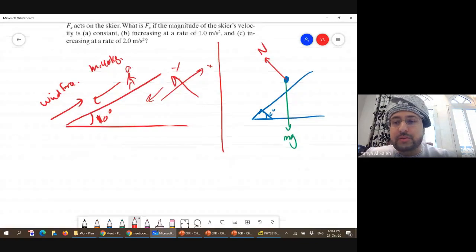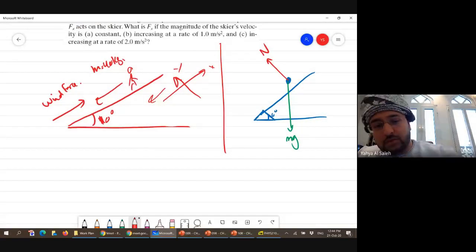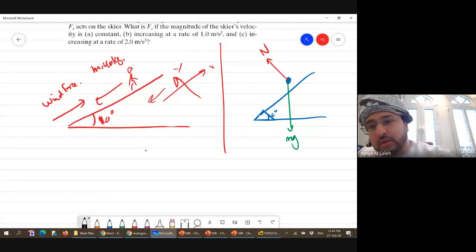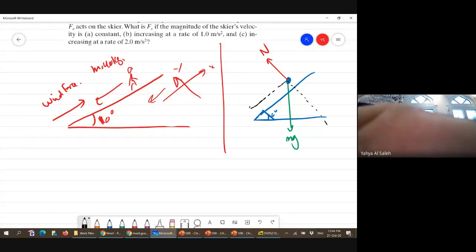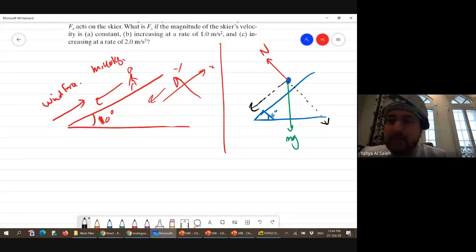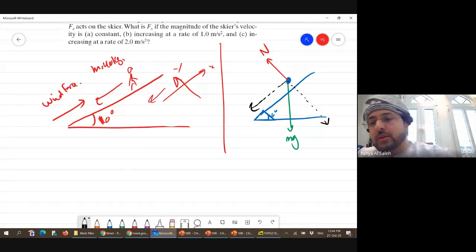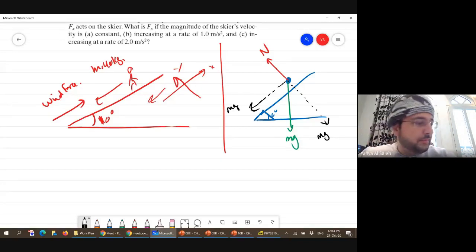Okay, so how do we do this? Let's resolve the components. There will be one like this and one like this. Which one is cosine? Which one is sine? Can anyone help me?